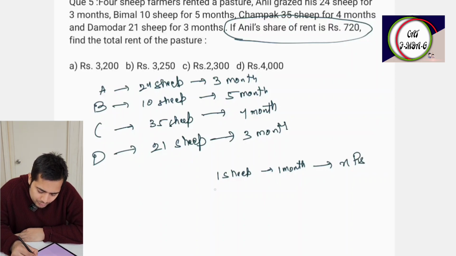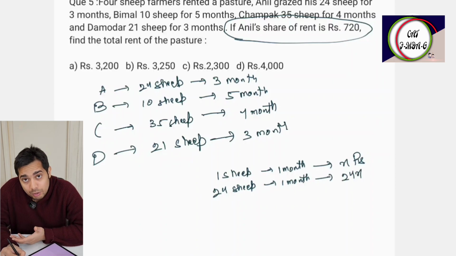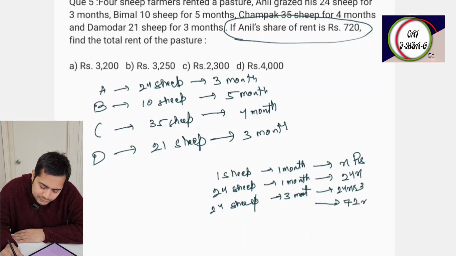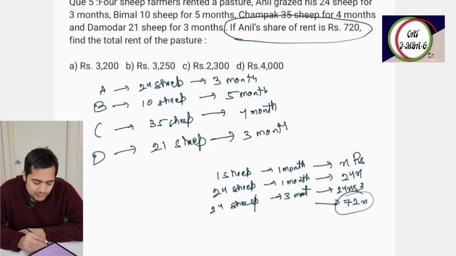So for Anil, 24 sheep for 1 month rent is 24x. 24 sheep for 3 months rent is 24x into 3 is equal to 72x. This is the total rent.